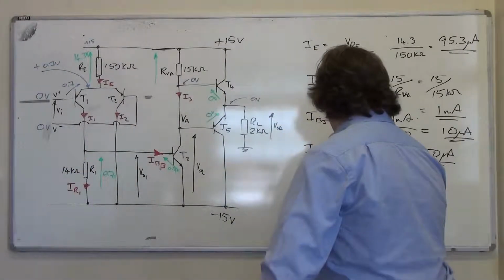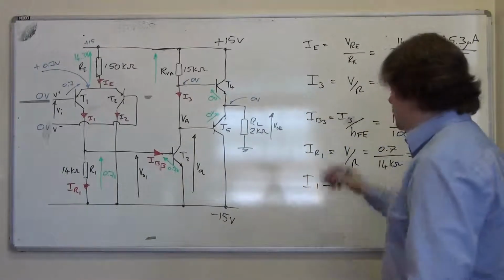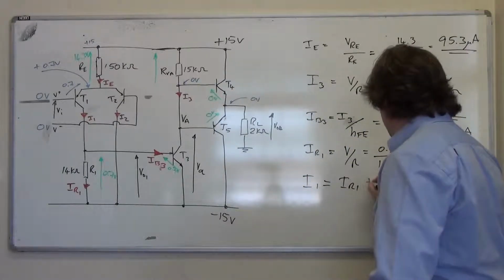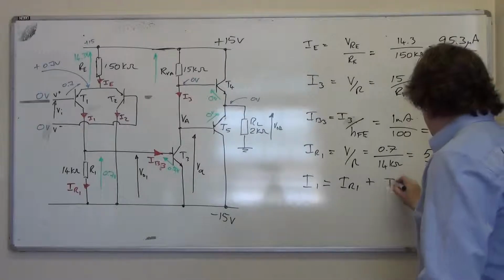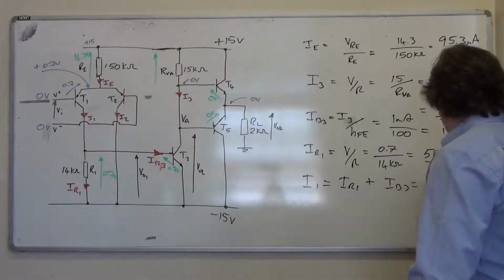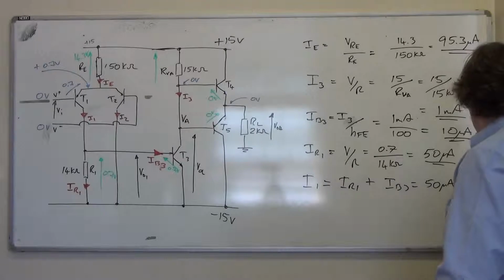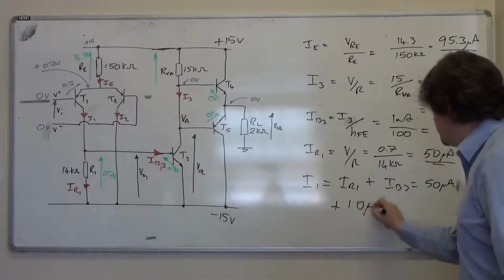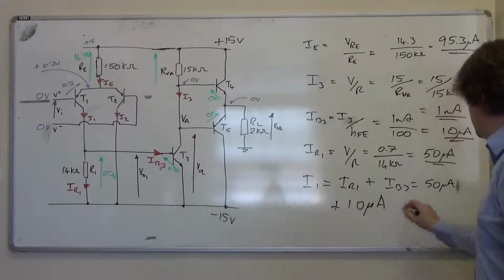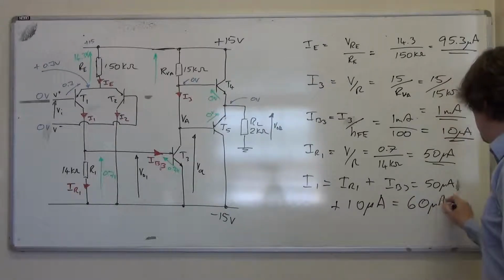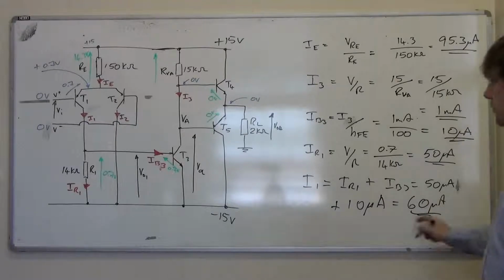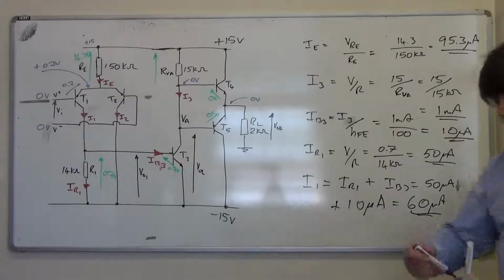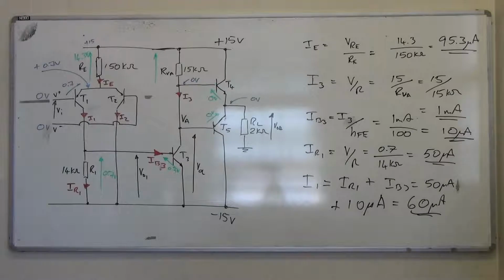I1 equals, I will write it, IR1 plus IB3 equals 50 microamps plus, go down here, plus 10 microamps, which is 60 microamps. So I1 is 60 microamps. Right.